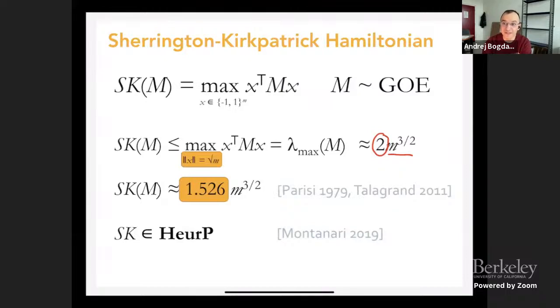So for most matrices, it finds a solution which has value close to this Parisi constant, 1.526. So that's nice. But as complexity theorists, we're not super happy with heuristics. We want something which has better guarantees. And what's better than a heuristic is an errorless heuristic, something that always gives you the right answer, but maybe doesn't work on all instances. Sometimes it can say, I don't know.